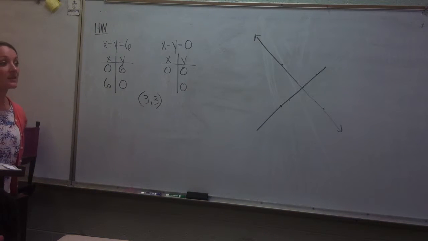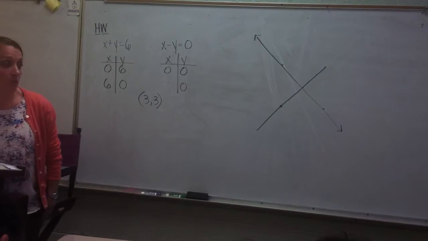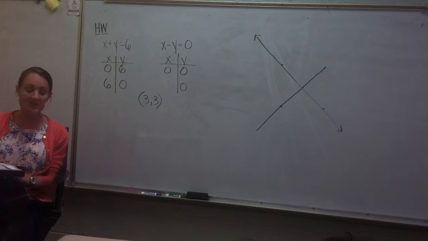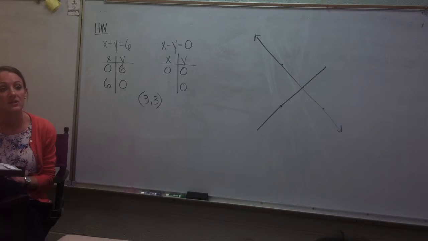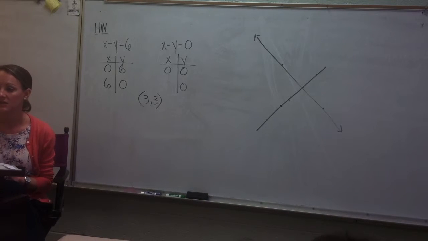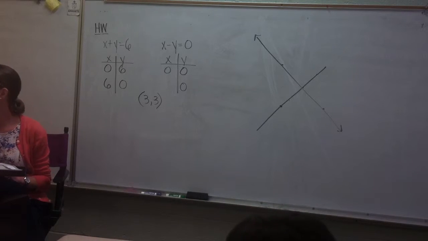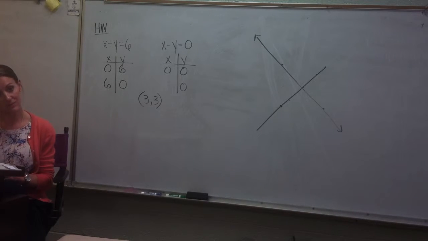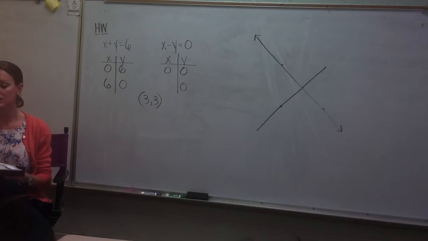I want to know about their solutions. I know they're parallel, Mike, but tell me about their solutions. You just draw one. What number should we go on next? 7.